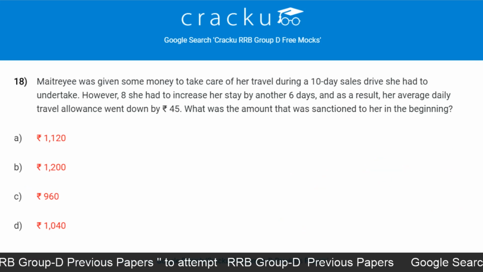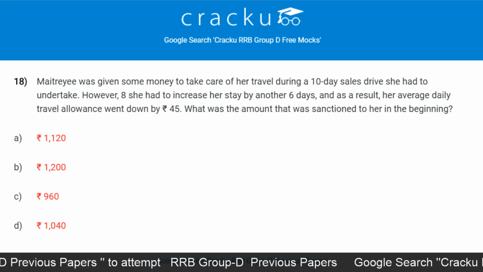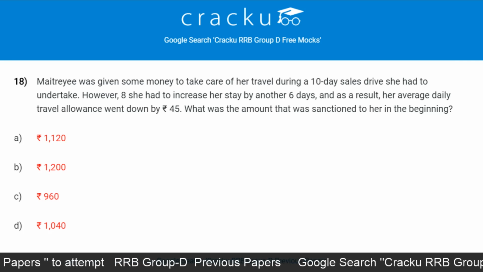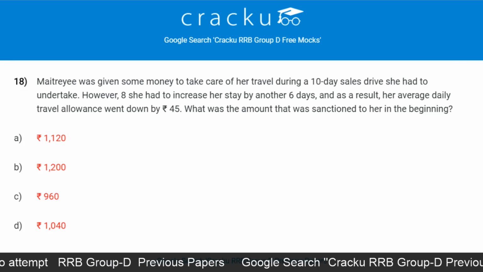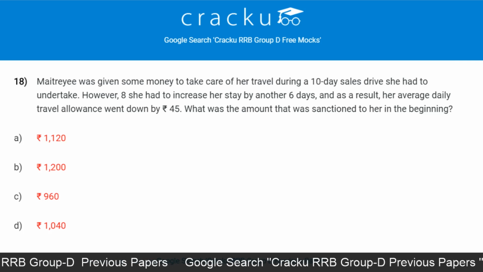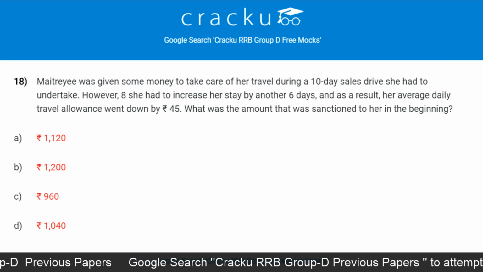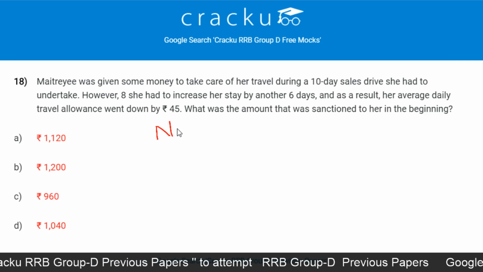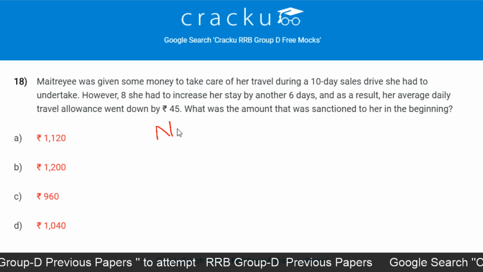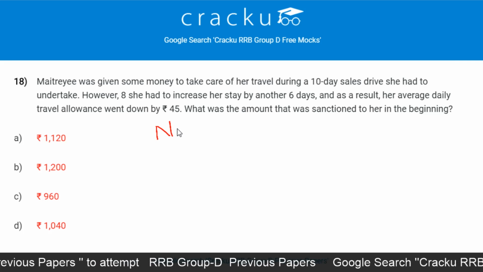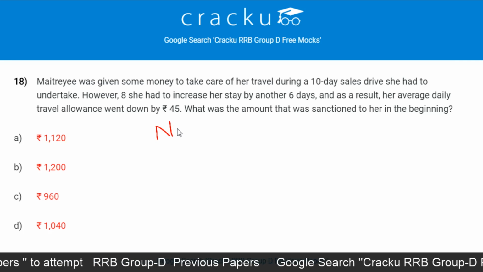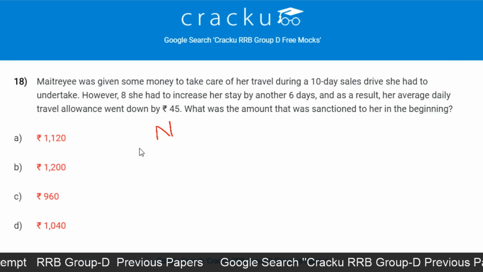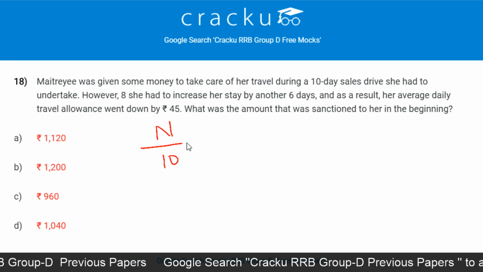Next question. Maitreyi was given some money to take care of her travel during a 10-day sales drive she had to undertake. So Maitreyi was given some amount of money, let it be N. In a period of 10 days, she has to undergo some expenses, so the average expense per day is N by 10.